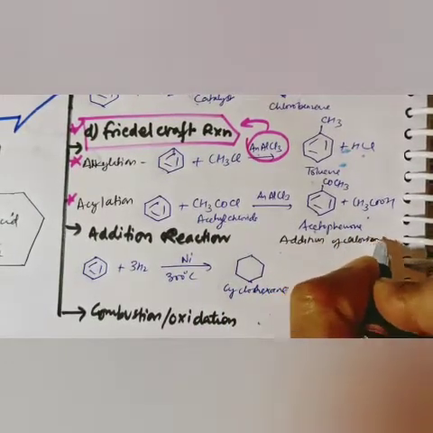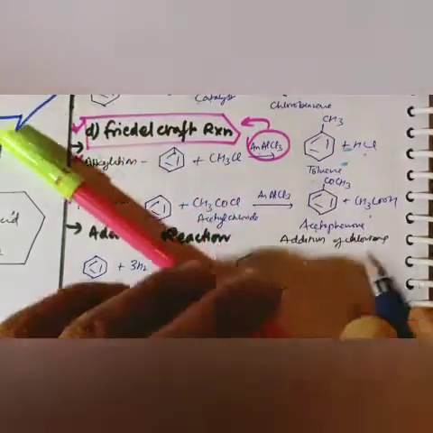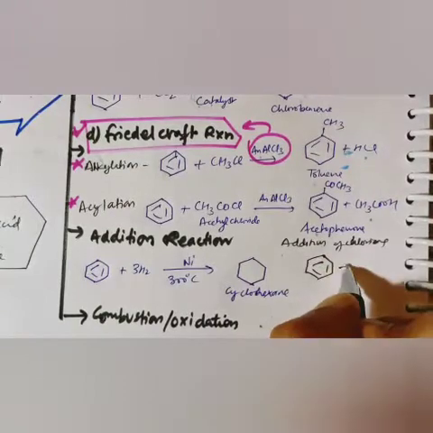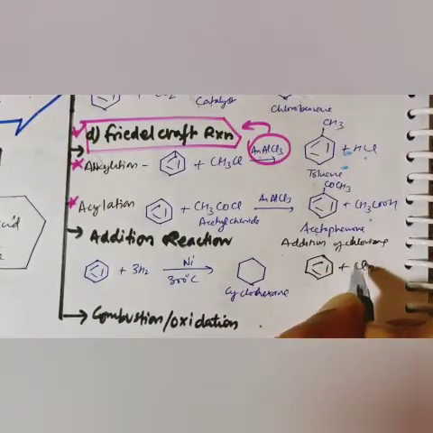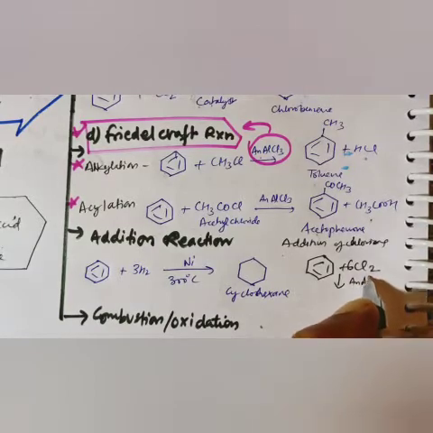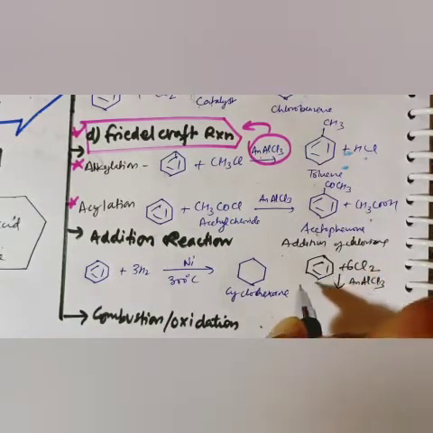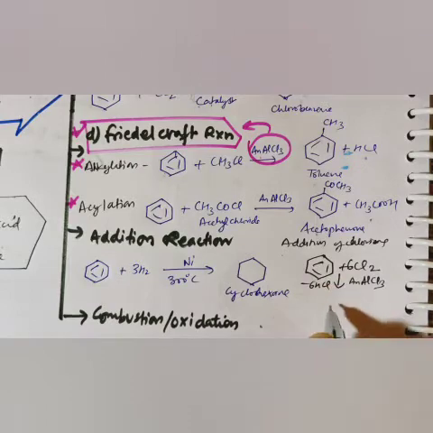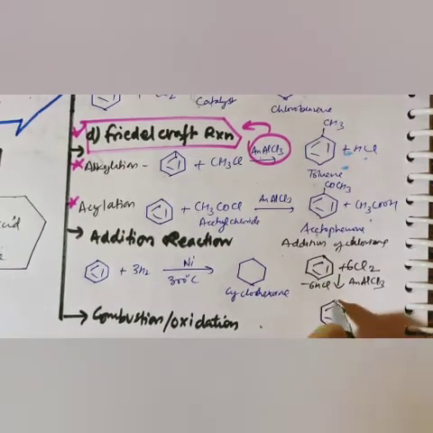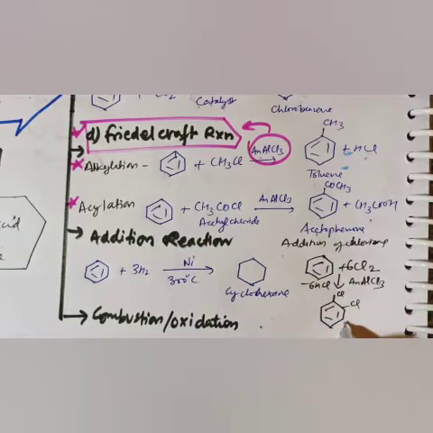When benzene is treated with chlorine, like this is benzene, when it is treated with 6 molecules of chlorine in the presence of anhydrous AlCl3, minus 6 HCl, it will change into 6 chlorine.